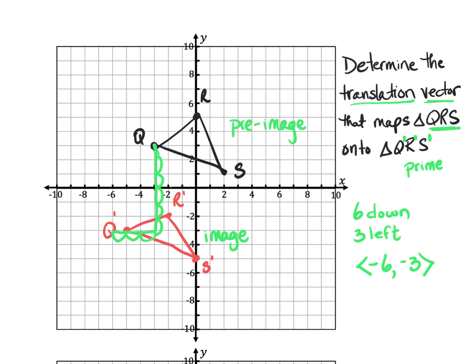Now I can count the same exact thing for the other points, provided I plotted my points correctly. I apologize, in which case I did not, but this is a good example to show you how.